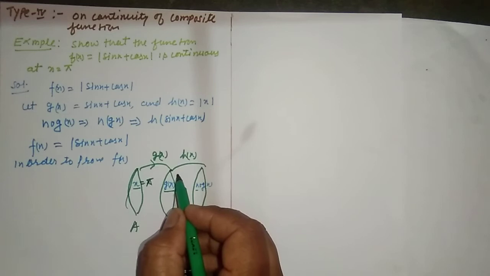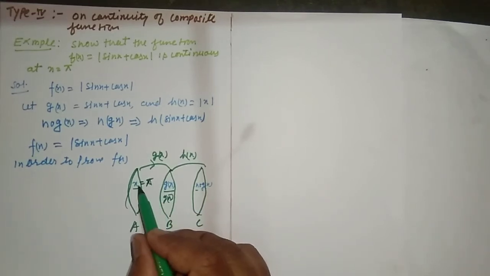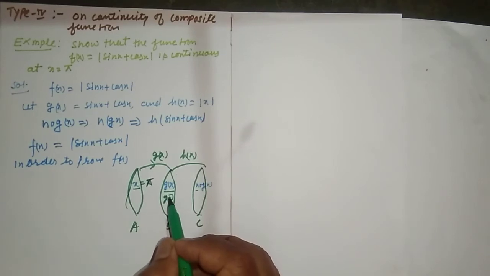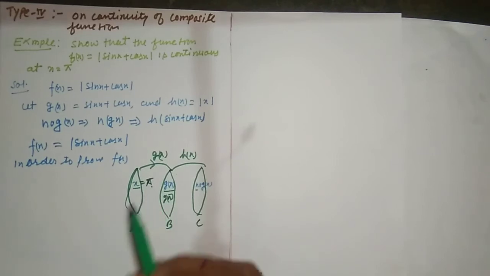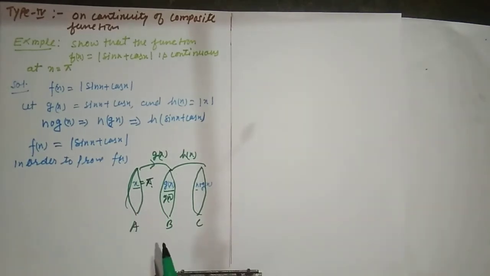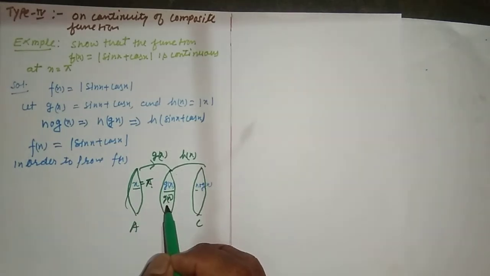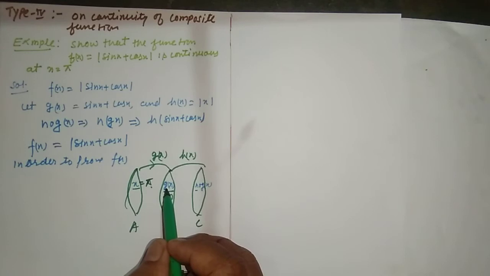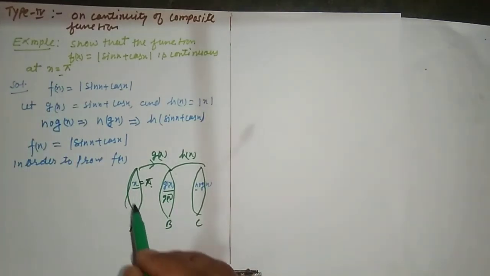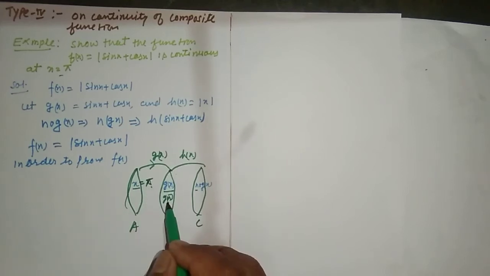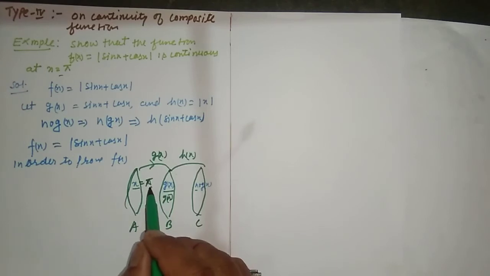So we get g(pi). If this g function is continuous at x is equal to pi. Clear? So we have two different functions, g(x) and h(x). First we have to prove that g(x) is continuous at x equal to pi, so we get g(pi). So g is continuous at x is equal to pi.